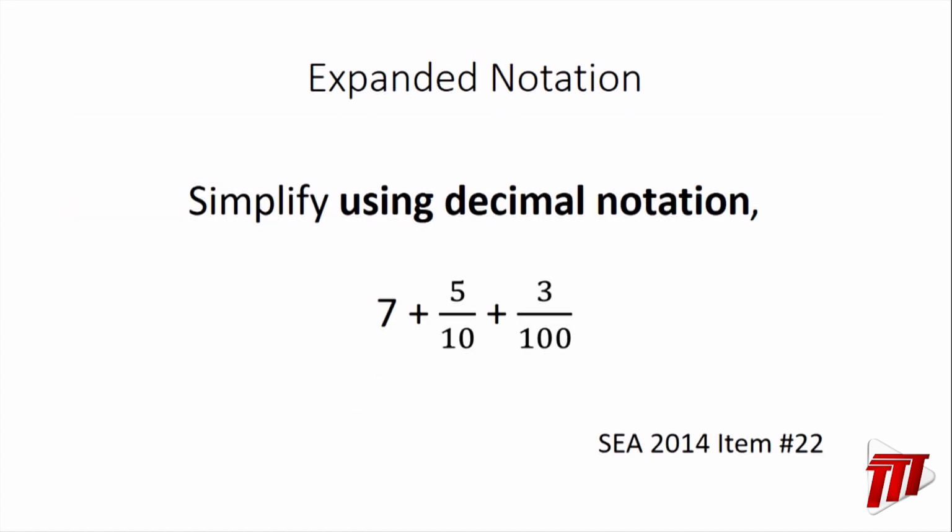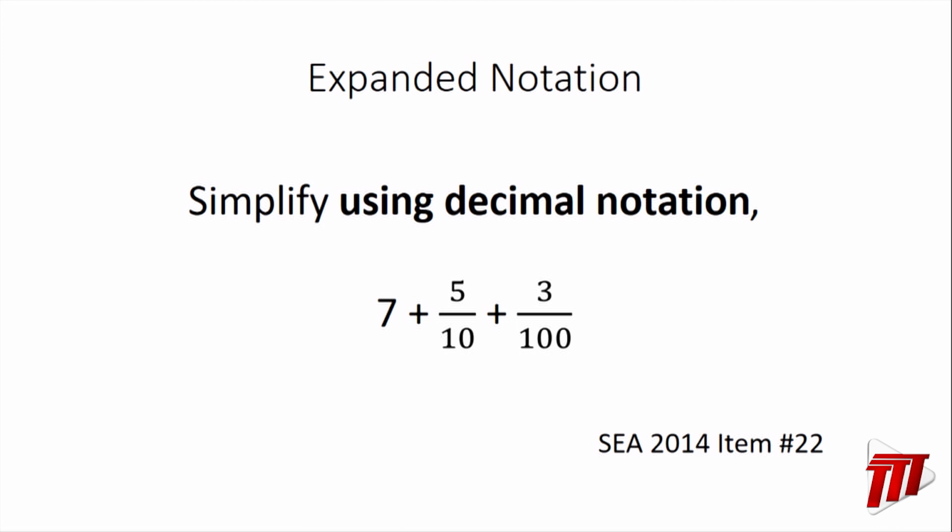Another S.E.A. problem, this time from the year 2014, item 22. Simplify using decimal notation: 7 plus 5/10ths plus 3/100ths. With this particular item, we have 7 wholes.